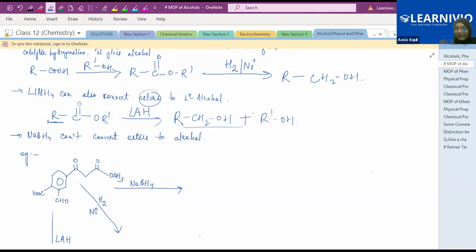And sodium borohydride can't convert esters to alcohol. You know very well that it is not as strong as lithium aluminum hydride, and it only converts carbonyl compounds. It can't convert esters or carboxylic acids.